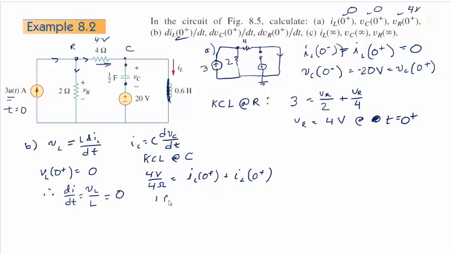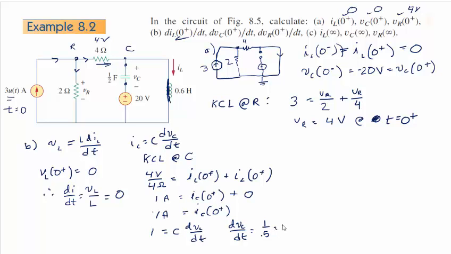So we have 1 amp equals I sub C at 0 plus plus I sub L. And I sub L at time 0 plus we already figured out was 0. Therefore I sub C at 0 plus equals 1 amp. Now we go back and substitute into that equation right there. 1 equals C dVc/dt. Divide both sides by C. C is half a farad. And we come up with dVc/dt equals 1 divided by 0.5, which equals 2.